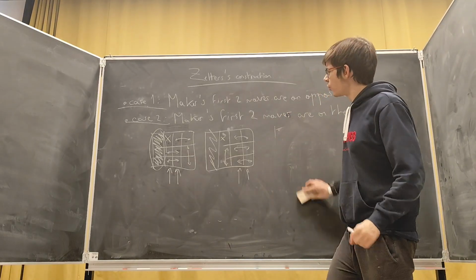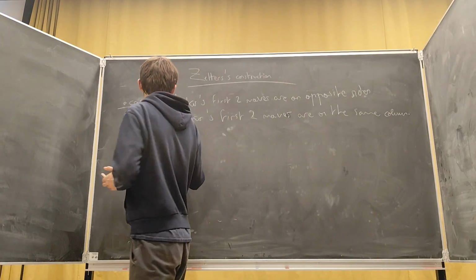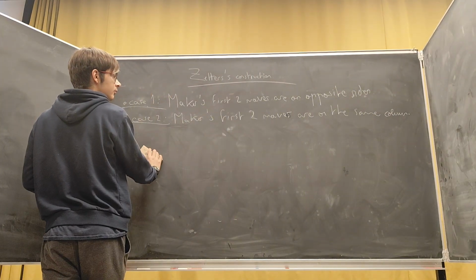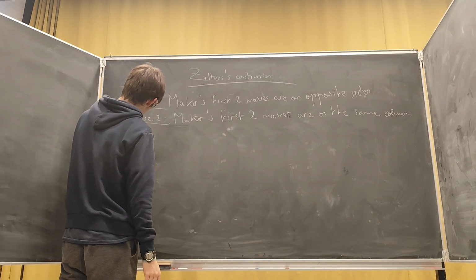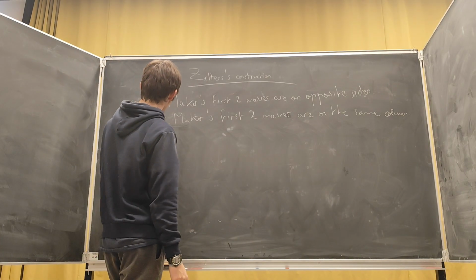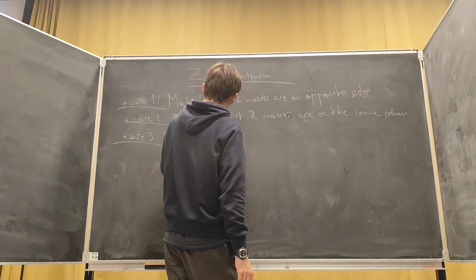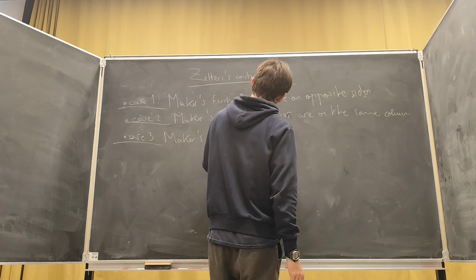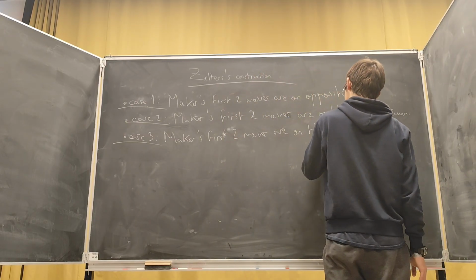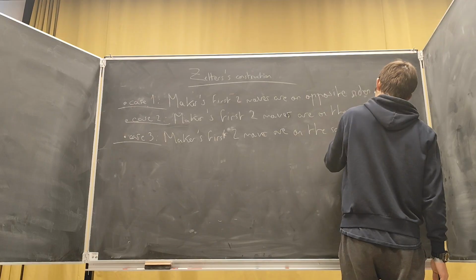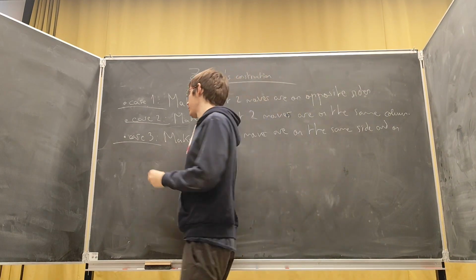Okay, so we're almost at the end of the proof. We're just missing the third case, where maker's first two moves are on the same side and on different columns.